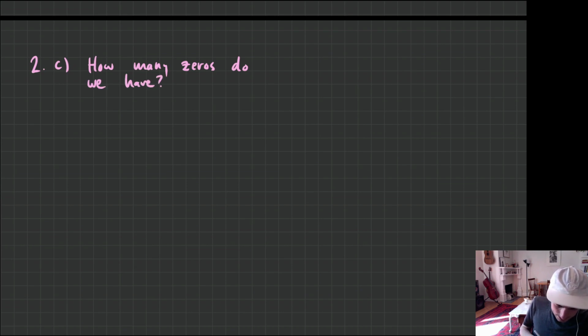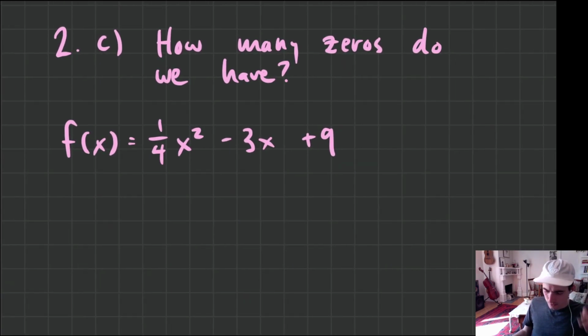In this case it's a function, so we've got f of x equals 1/4 x squared minus 3x plus 9. So I'm asking, how many zeros do we have?